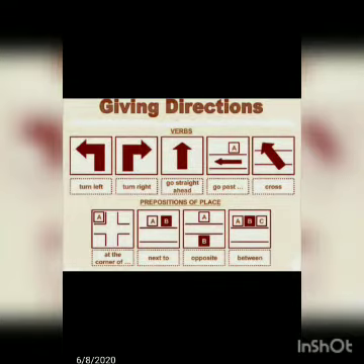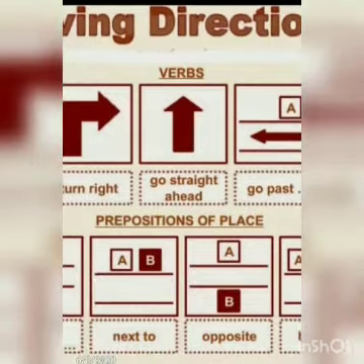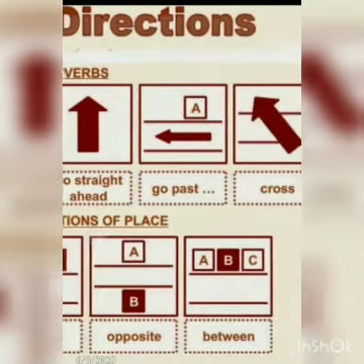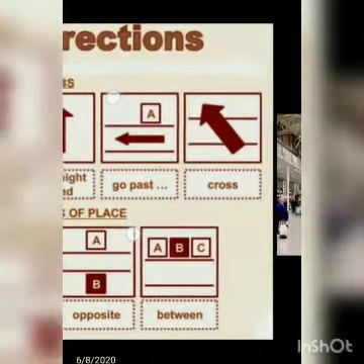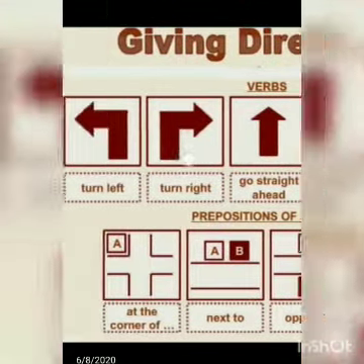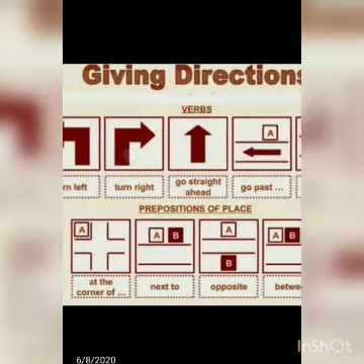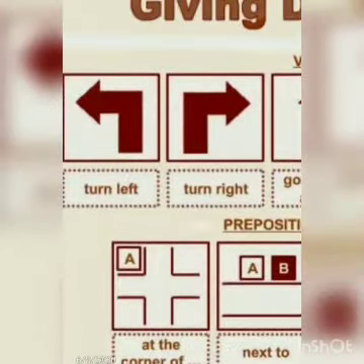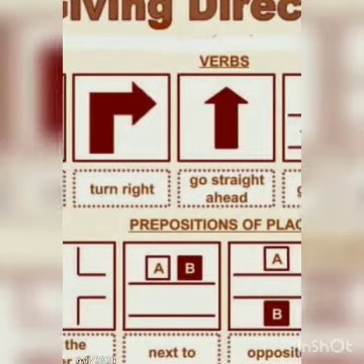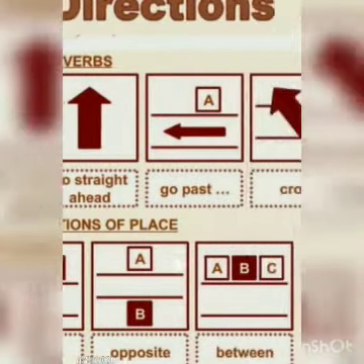In this case, we have turn left, turn right, go straight ahead, go past, cross. As well, we have the prepositions of place: at the corner of, next to, opposite, between.